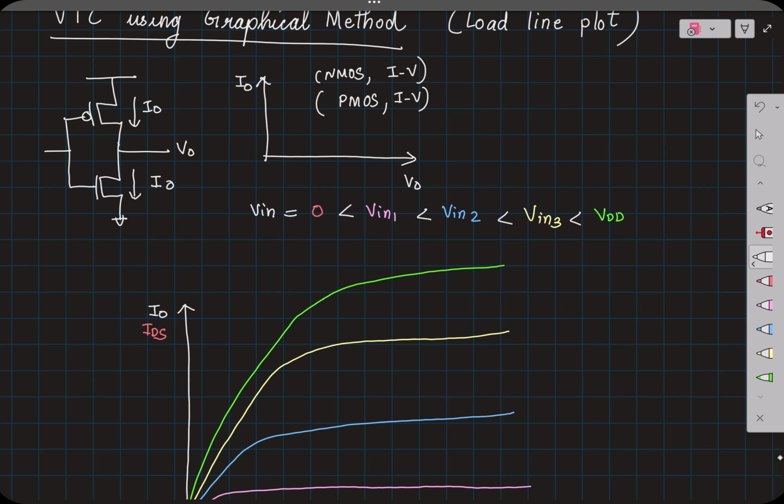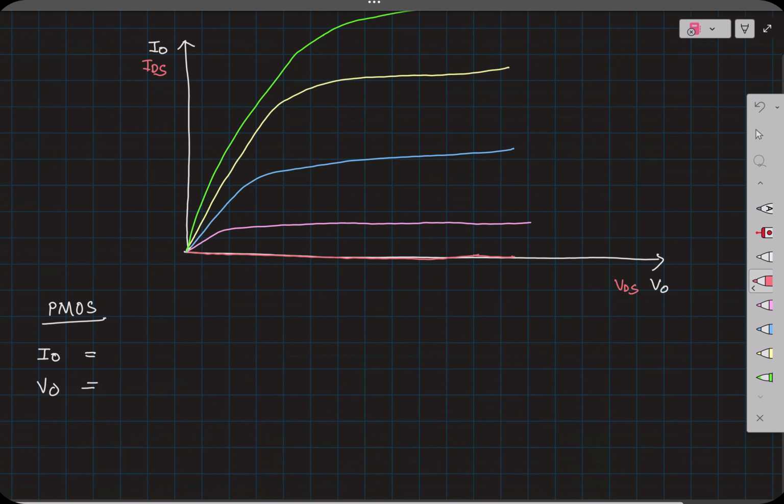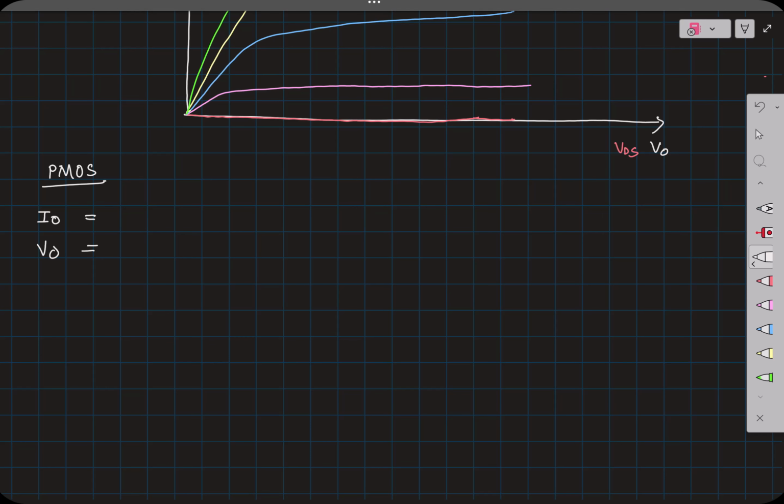Is it VSD plus VDD? So this is your VDD. This voltage is your VSD. And here you have V naught. So V naught is equal to VDD minus VSD, and I naught is equal to ISD.